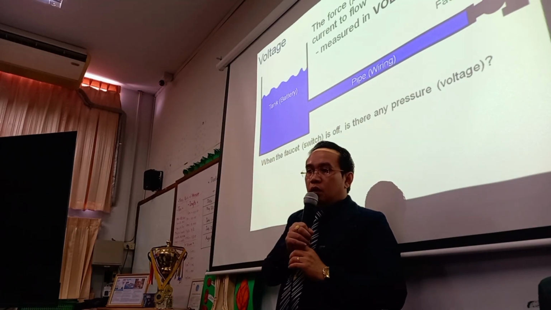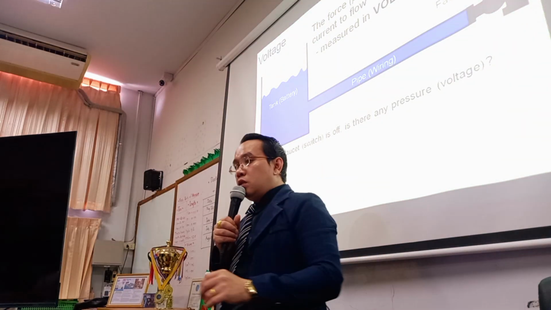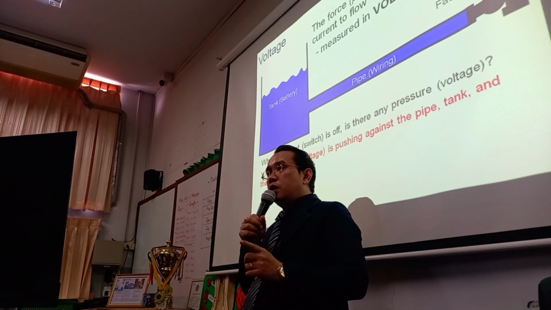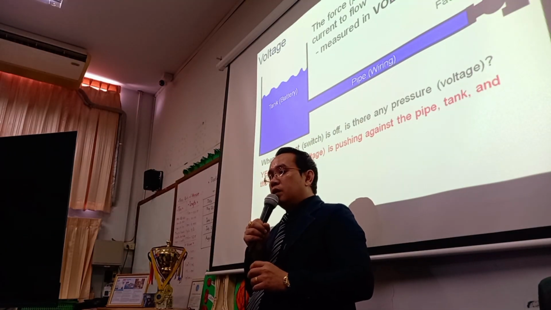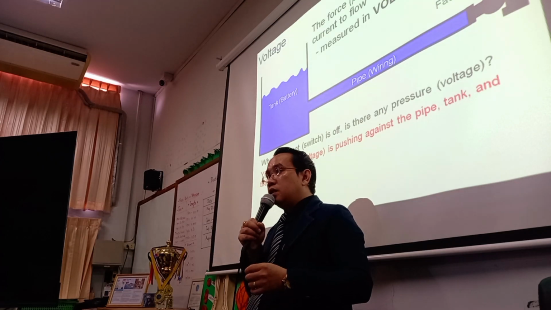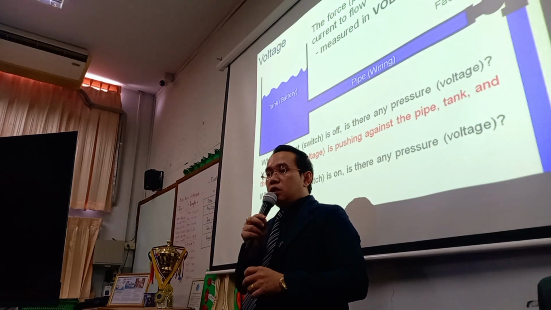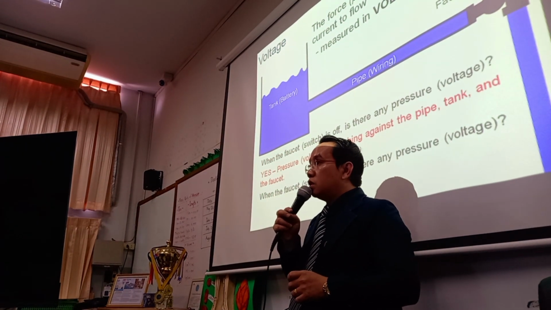So, when the faucet switch is off, is there any pressure or voltage? Yes. Pressure or voltage is pushing against the pipe, the tank, and the faucet, right? When the faucet switch is on, is there any pressure or voltage?